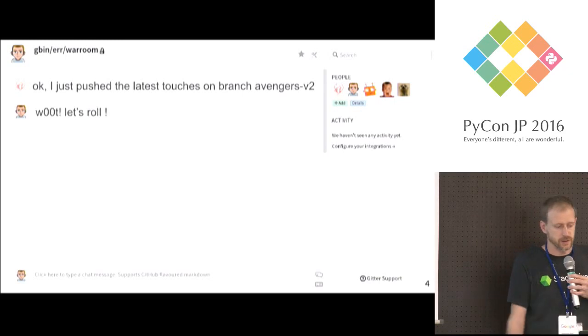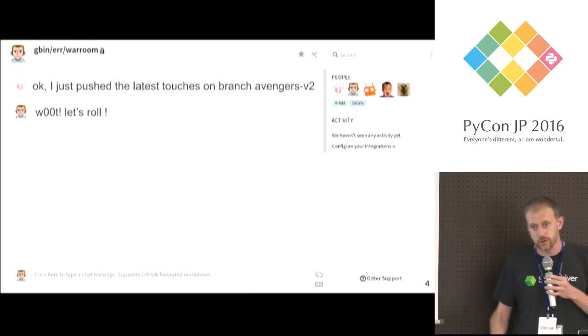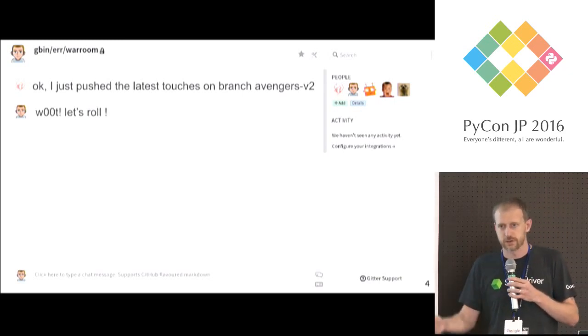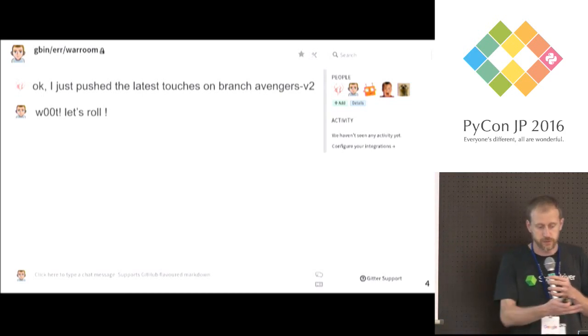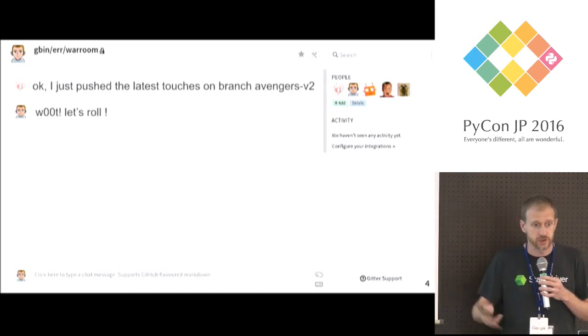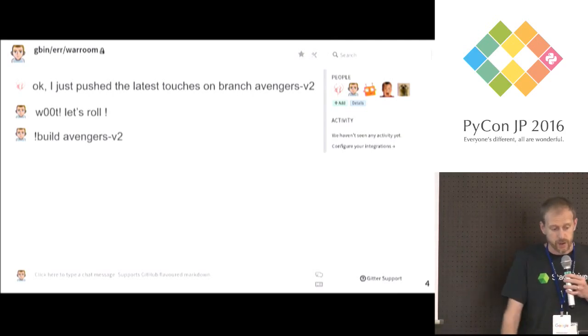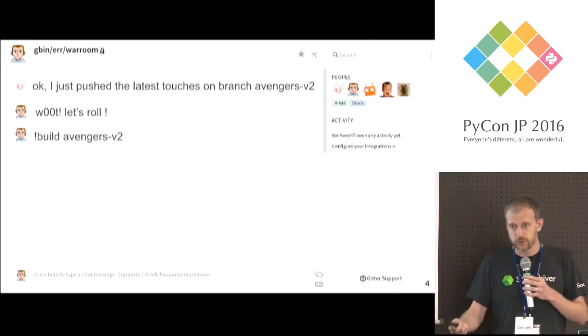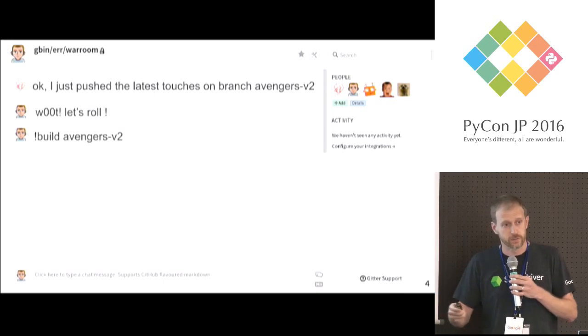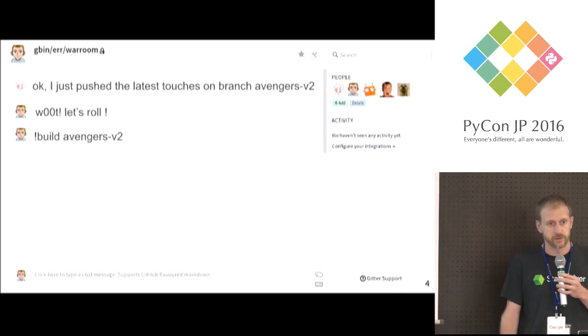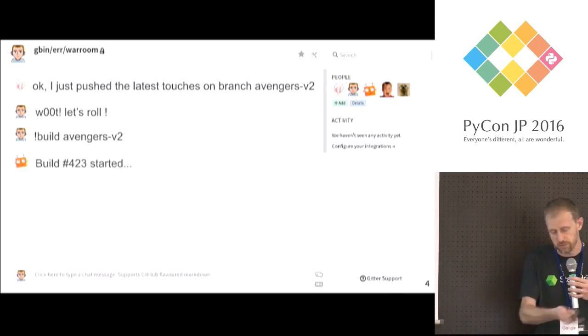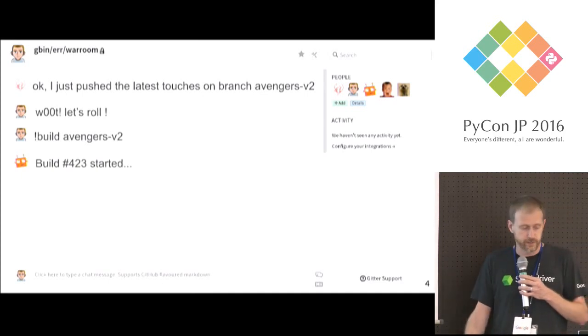He might be the tech lead, saying, okay, well let's go for it, let's release the thing. So for now, it's just humans coordinating on a chat room. But here, the human can ask the bot to actually build a new version of the software, and then the bot can give some feedback.